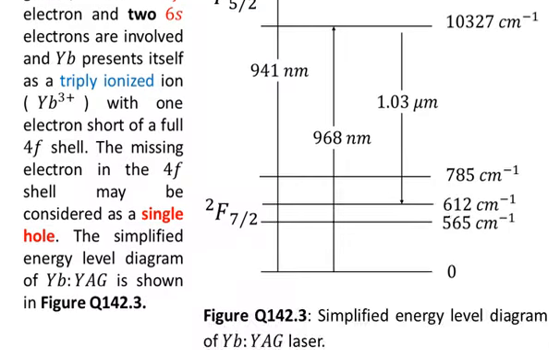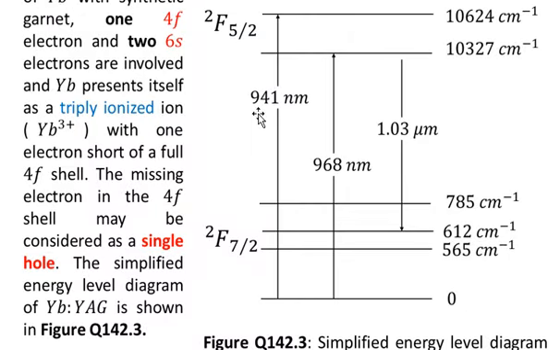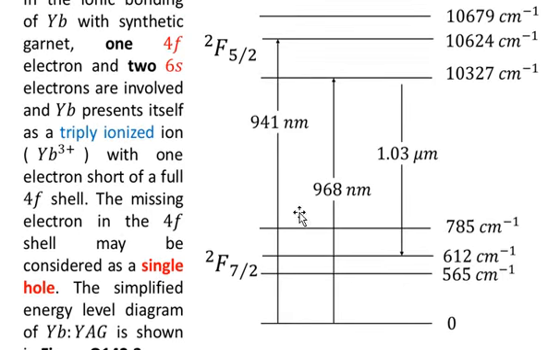And you can see that I have shown two main manifolds of the levels, 2F7/2 and 2F5/2.